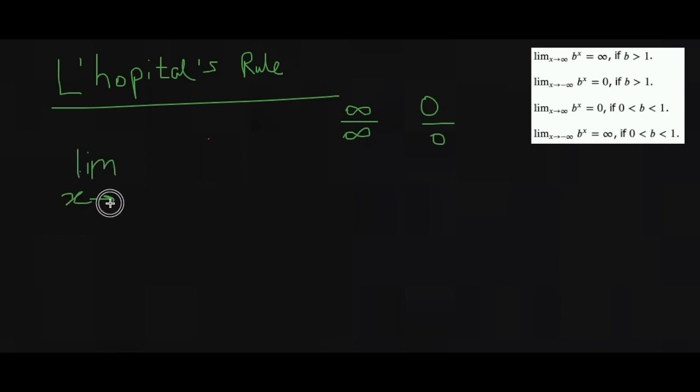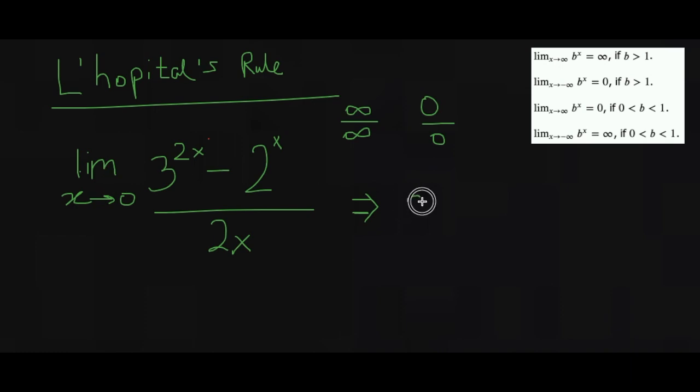Let's try the limit as x approaches 0 of 3 to the 2x minus 2 to the x over 2x. Our first train of thought is always to just plug in the value that we're given for x.